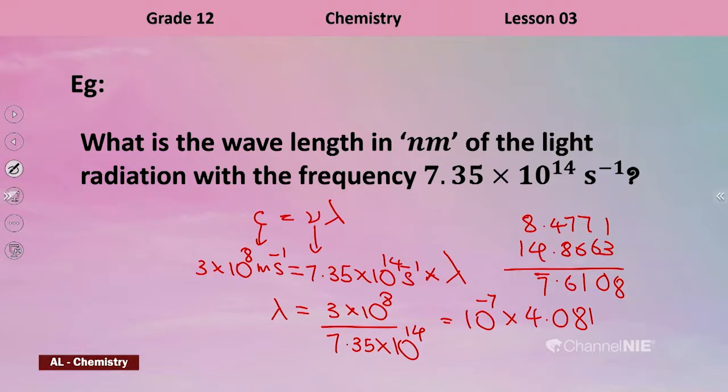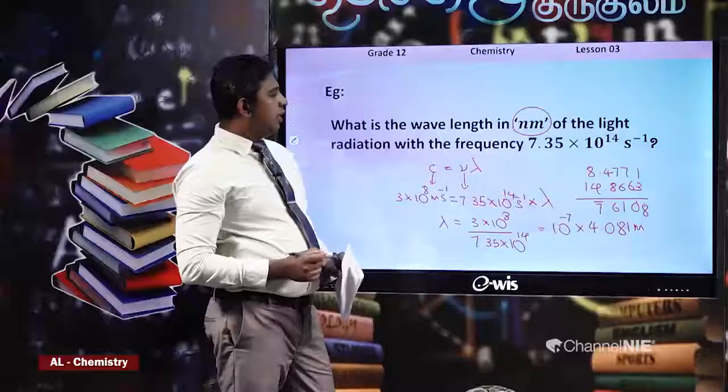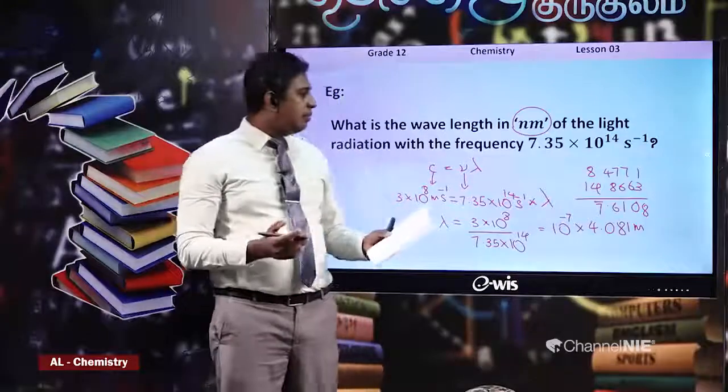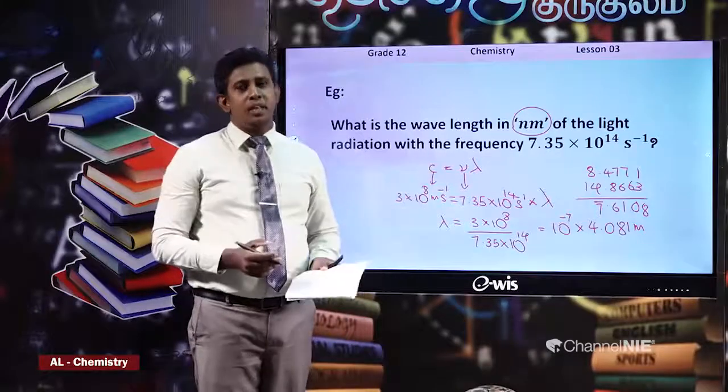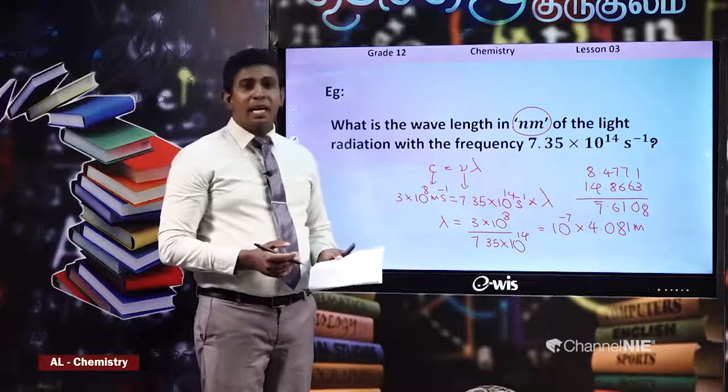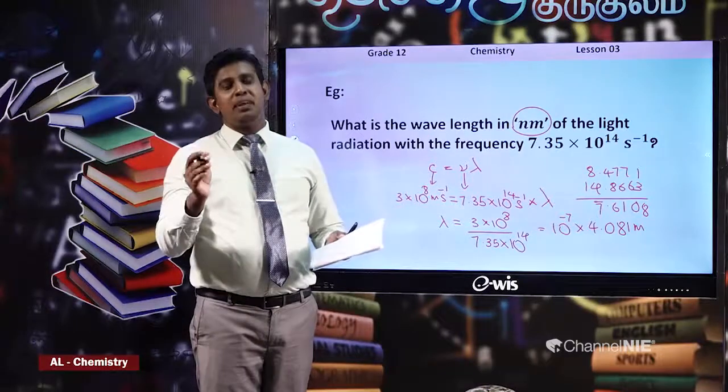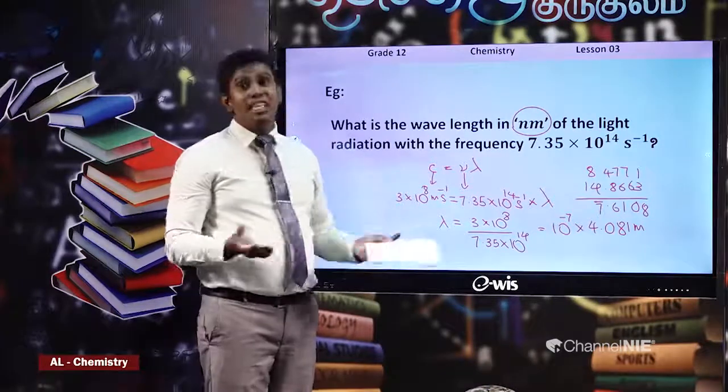Then it's in the units of meters. Then you need to transform in the question what they have asked for. It's in nanometers. You need to transform these meters into nanometers. How could you do that? Just multiply that by 10 to the power 9. Okay, it's billion.